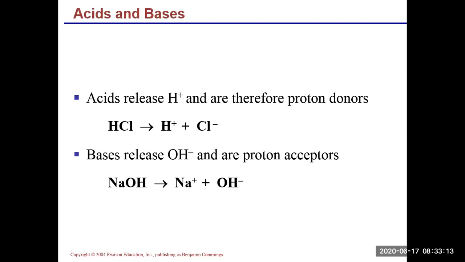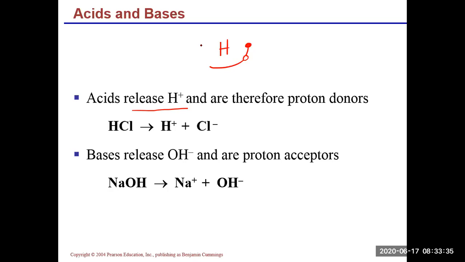Now I want to talk a little bit about acids and bases. Again, we're looking at a little bit of chemistry. Anytime you're releasing a hydrogen ion, also known as a proton, because a hydrogen ion doesn't have any electron. Remember, hydrogen had only 1 electron.